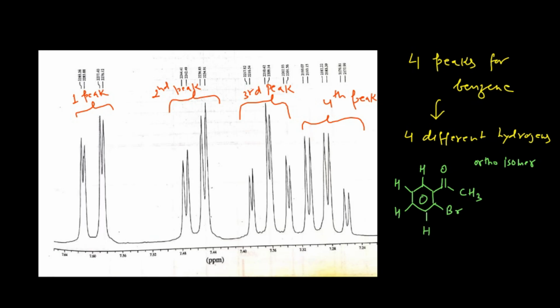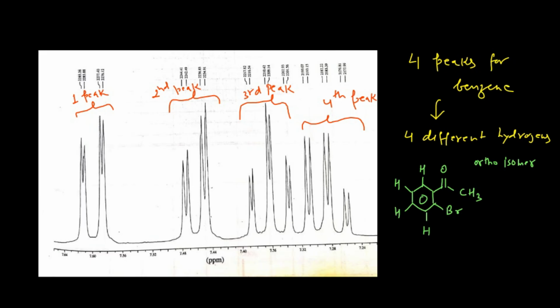For all four, these hydrogens are different. So all these will show different peaks in the proton NMR spectrum in the region between 7.1 to 7.5 or 7.7 ppm. This is peak 1, this is peak 2, this is peak 3, this is peak 4.